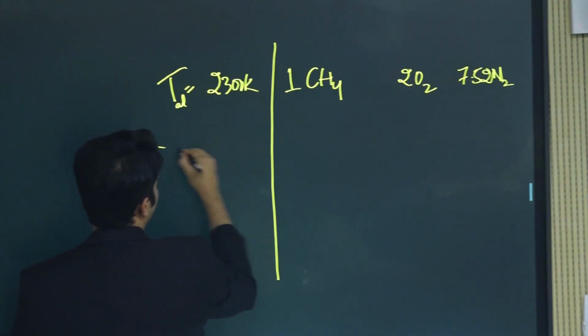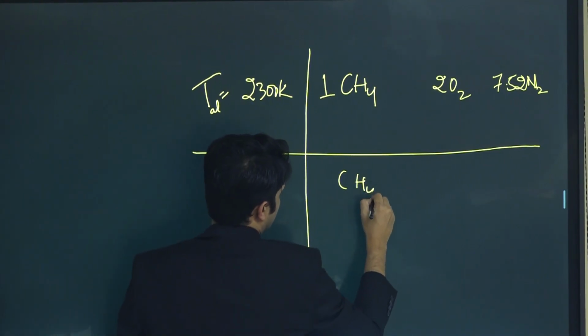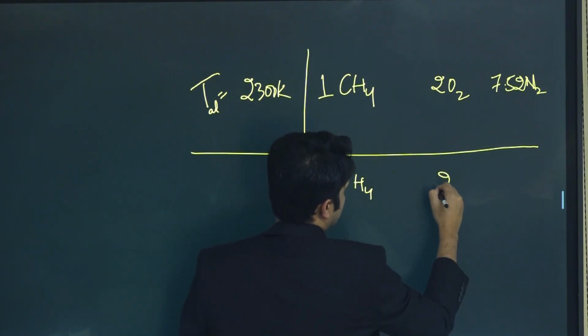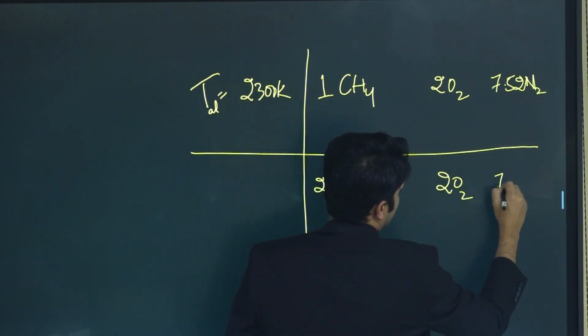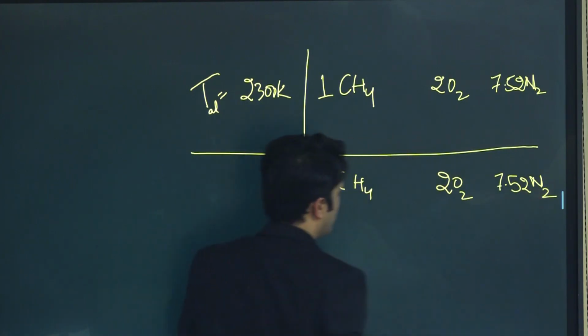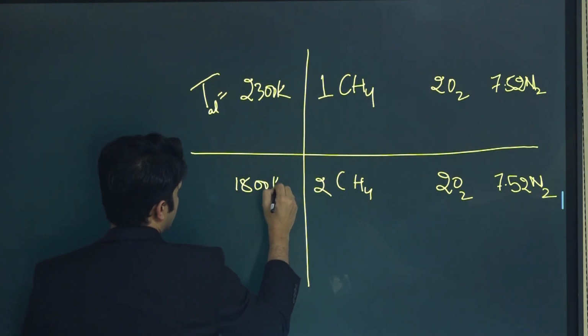And in the second case, we have two moles of methane, and this gives us somewhere around 1800 Kelvin, okay, a lower temperature.